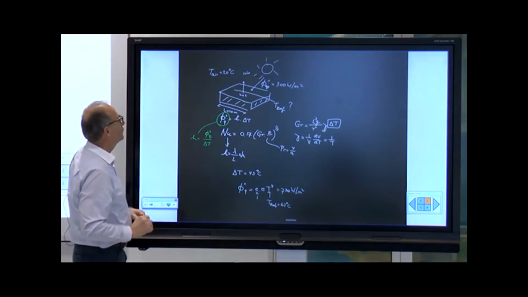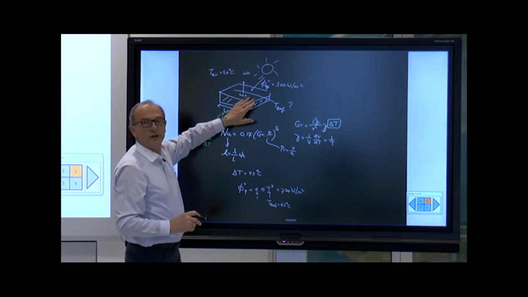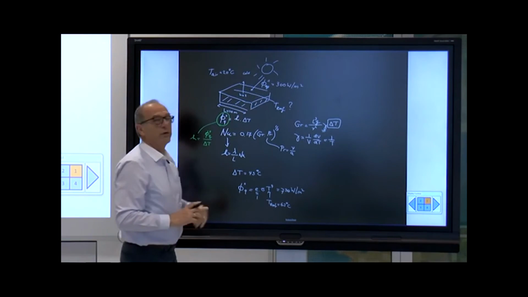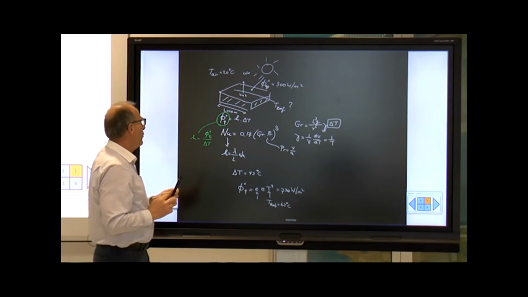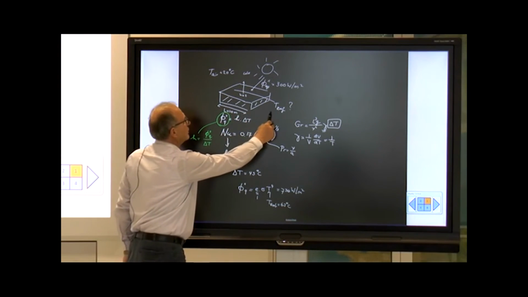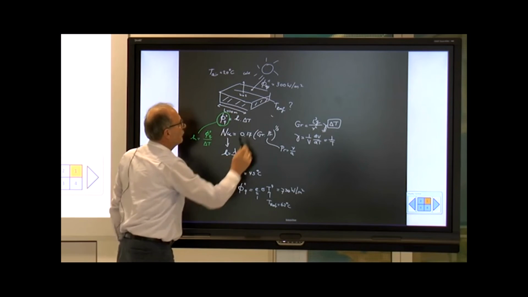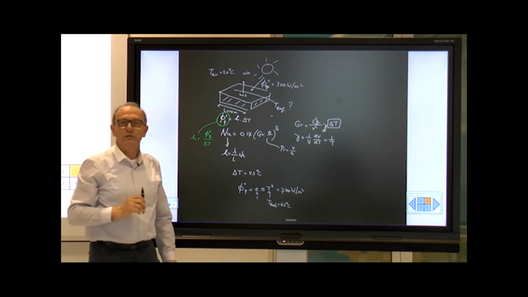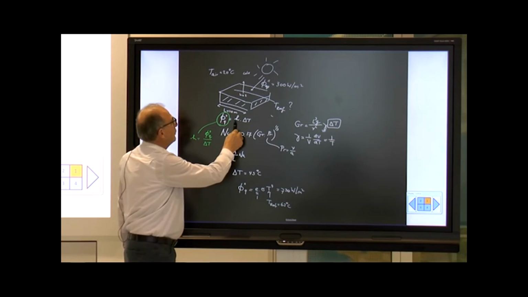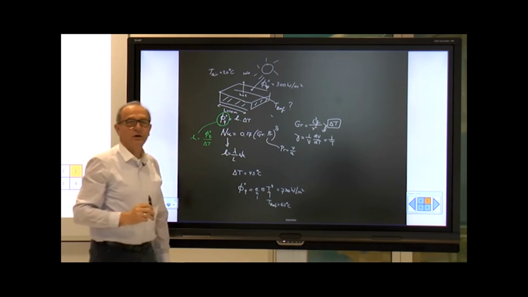Let's sum up the total. We started with a roof where the sun was entering, and we got 300 watts per square meter. Our question was, how could we calculate T roof? We combined two equations because we knew already the value of the flux, and we knew an expression of the heat transfer coefficient.